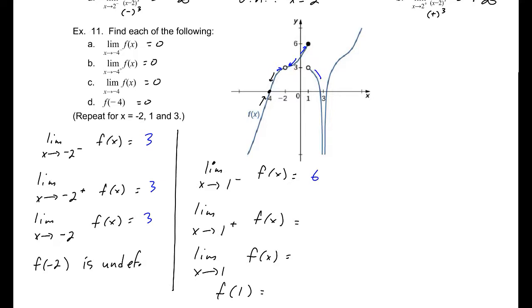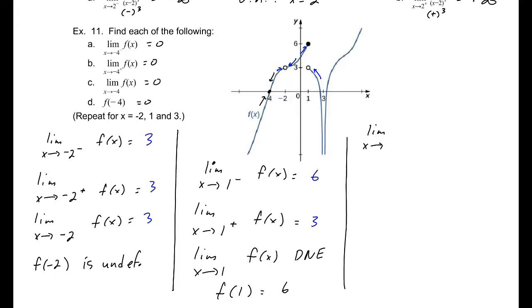Coming from the right, it appears that we are approaching 3, which means that the limit as x approaches 1 overall does not exist. Now, the value at that point is 6.